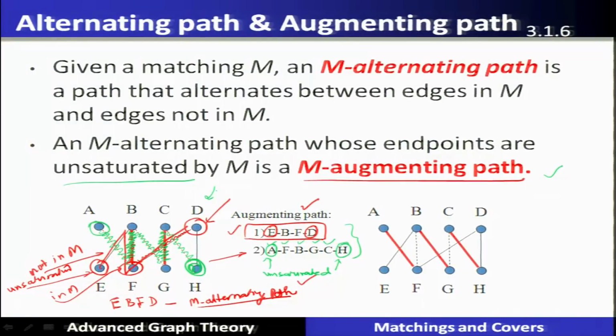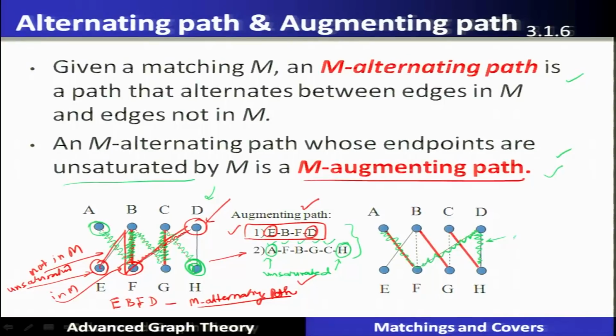Now, let me ask you another question, whether A, then D and then H, whether this is an M alternating path or M augmenting path. So, you see that it starts from a matched edge, alternates with another unmatched edge, and then it changes to another unmatched edge.